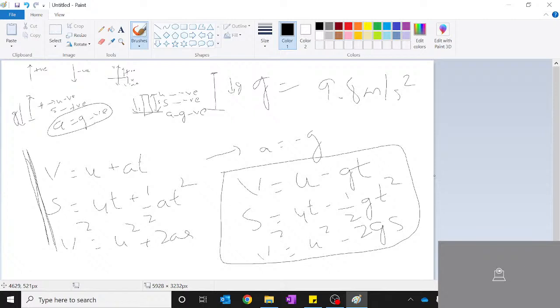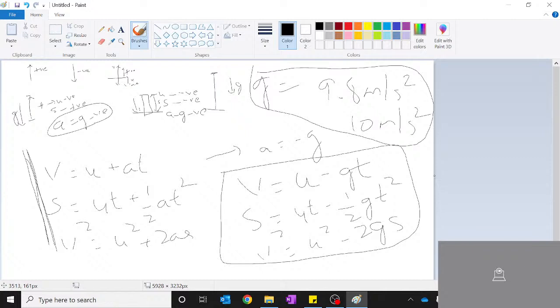In some questions, to make the calculations easy, or to make the conceptual understanding simpler, or to solve the question faster, they might also tell you to assume g as 10 meter per second square. So your value of g can be 9.8 or 10.